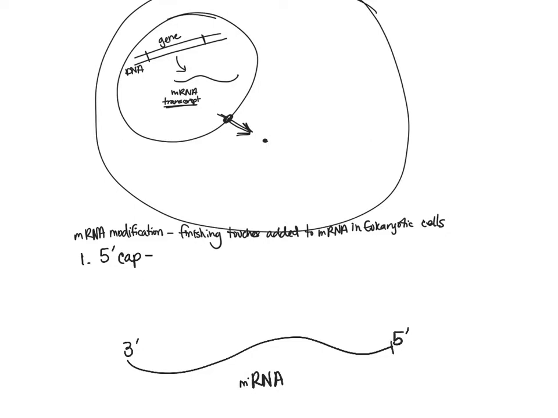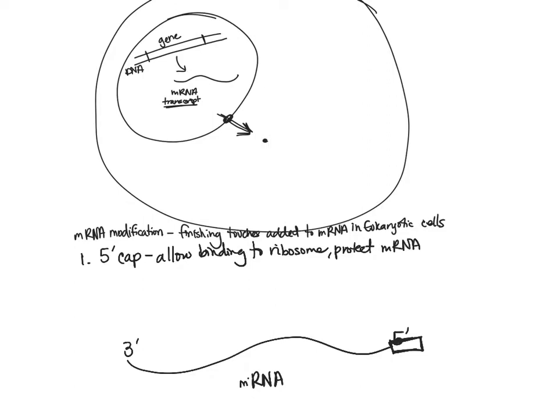What we're going to do is we're going to add a 5' cap. So it's actually a series of nucleotides, of repeating nucleotides that don't have anything to do with the gene itself. And this is going to allow binding to the ribosome. It's also going to protect the information in the mRNA.